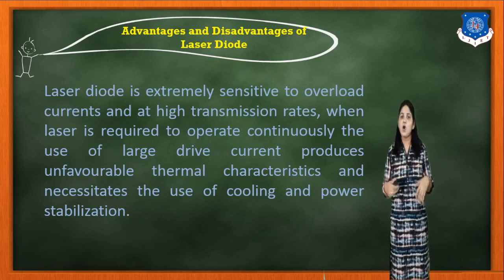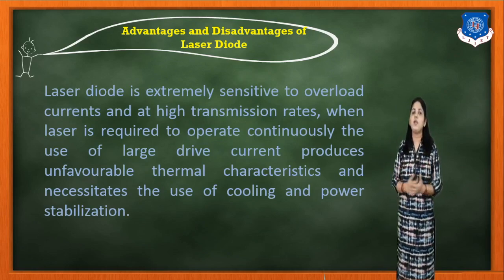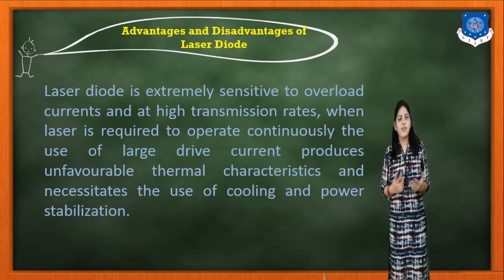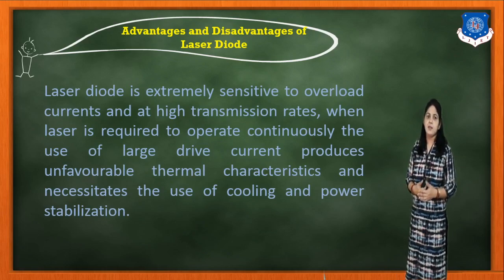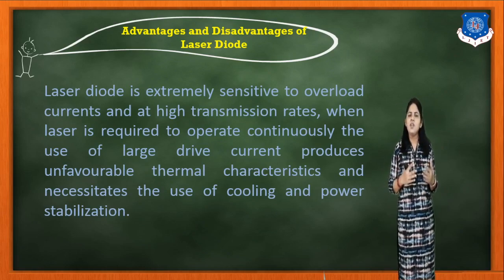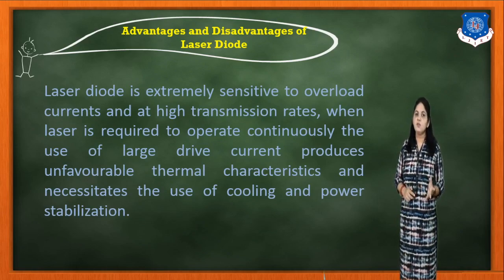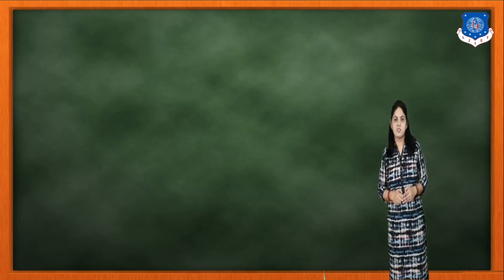It is also extremely sensitive to overload current, and at a high transmission rate, when the laser is required to operate continuously, the use of a large drive current produces unfavorable thermal characteristics. So that is again a disadvantage of using this.